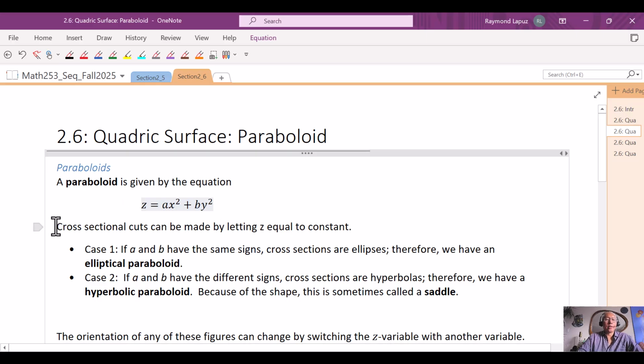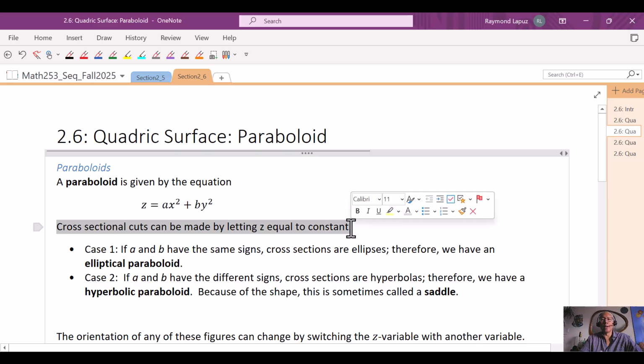Now, the cross-sectional cuts that we're going to look at come from letting the variable that's not squared, in this case the z, equal 0 and then equal some other constants, positive and negative if they work. By letting those equal constants, we're going to get cross sections that would either look like an ellipse or a hyperbola.